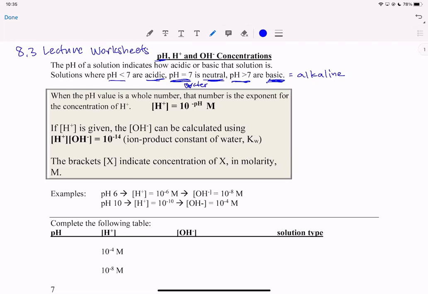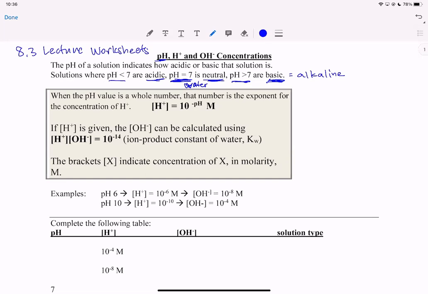Or you can have solutions that have no hydrogen or hydroxide and are pH 7 because they are just ionic compounds. So water, though, with hydrogen and hydroxide is a pH of 7 naturally because there's an equal concentration of hydrogen to hydroxide. So the pH values are important because they quickly tell us what type of solution it is.